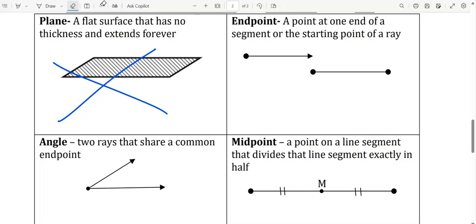We've used that word already earlier in our notes, but it's like the name implies. An endpoint is a point at the end. Sometimes you have one endpoint, sometimes two. Sometimes you have one on a ray, sometimes two on a segment. So that's endpoints.